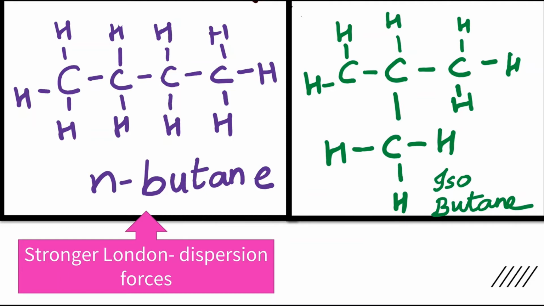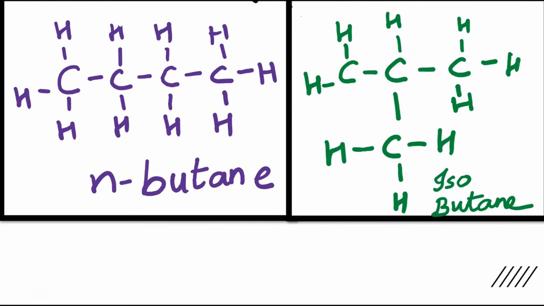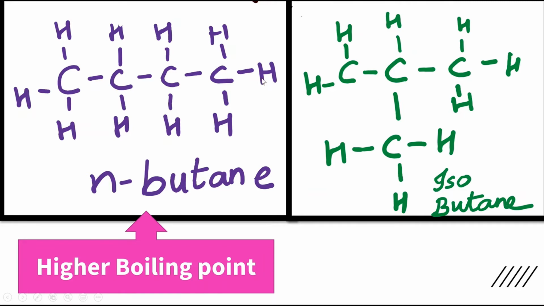Probabilistically, the electrons can be momentarily more dispersed and hence create a stronger dipole moment with the neighboring atom as compared to isobutane in this case. And if the London dispersion forces are stronger in N-butane, that means it has a higher boiling point.